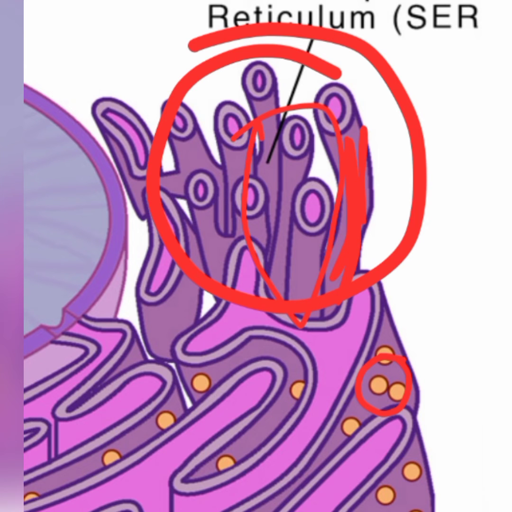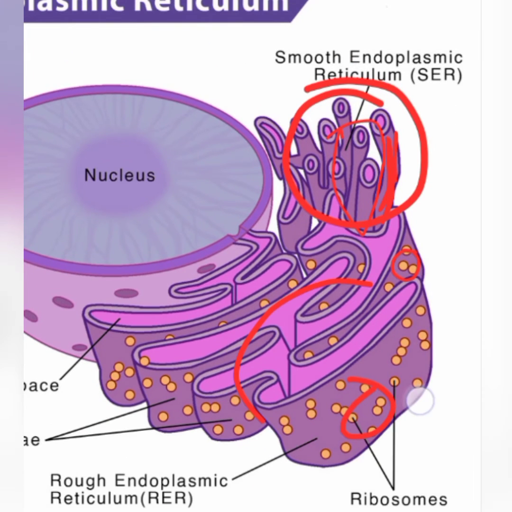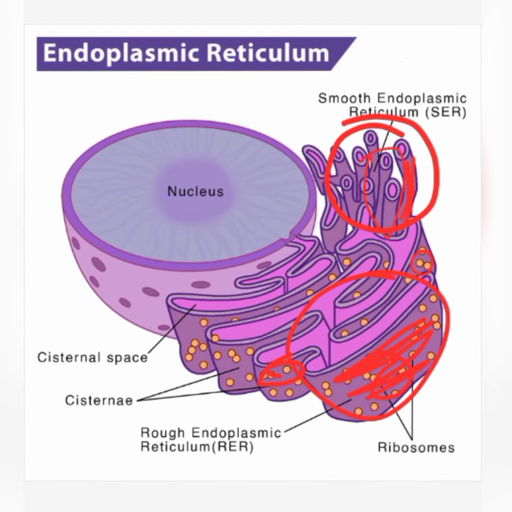But here, this is termed as rough endoplasmic reticulum or RER. Here you can find the ribosomes on the surface, so it will be kind of rough, because there is something present on the surface, but here it isn't.